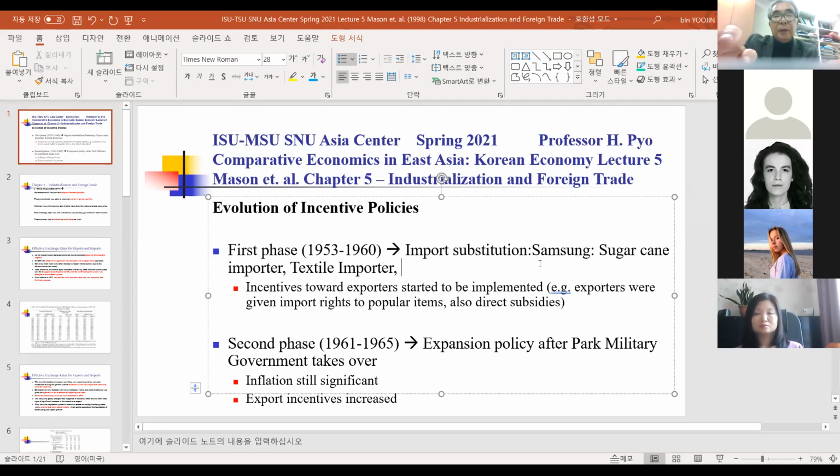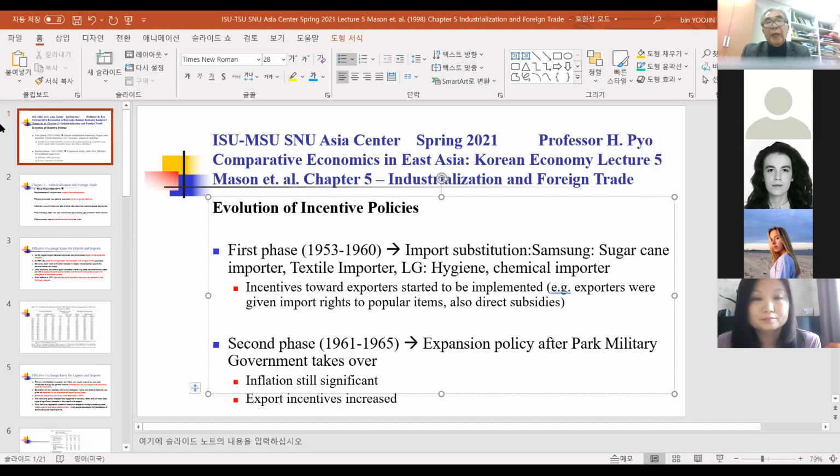You may have heard of LG Group, another home electronics giant. LG started from the hygiene market or chemical market, as a chemical ingredients importer. They started there. So, you cannot give import licensing to 100 different firms.